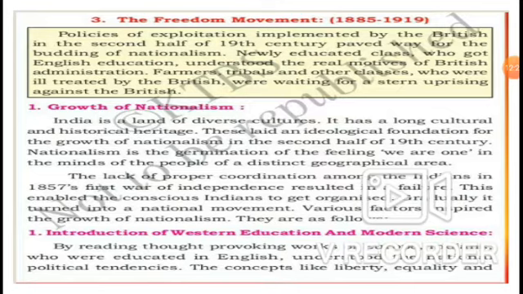All the educated people of the newly educated classes, the farmers and tribal peoples of our India, and other classes, all were waiting to take up an uprising against the British. So let us move on to the first topic, which is the growth of nationalism. How was nationalism grown here?